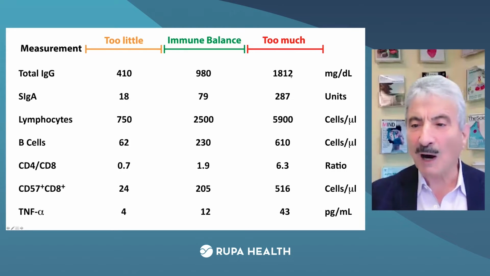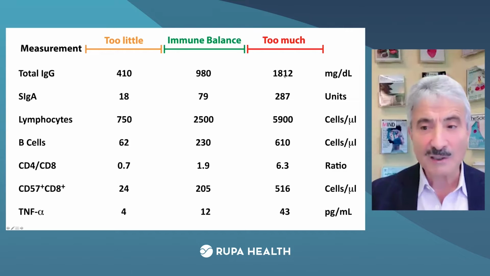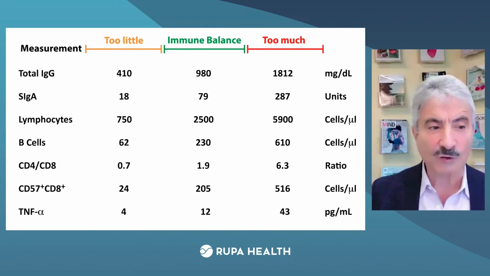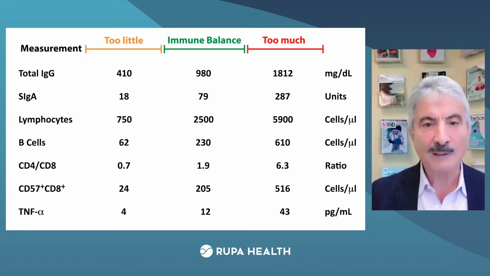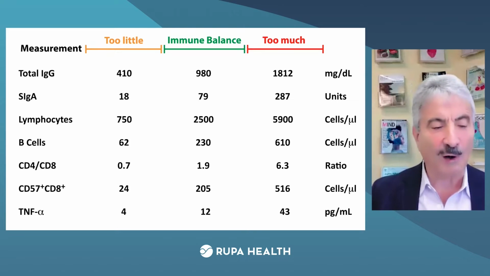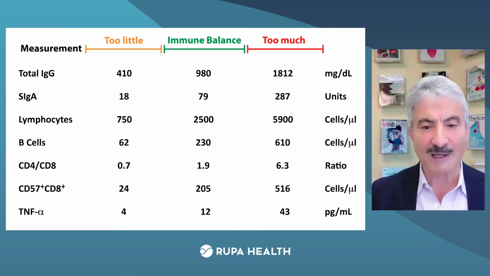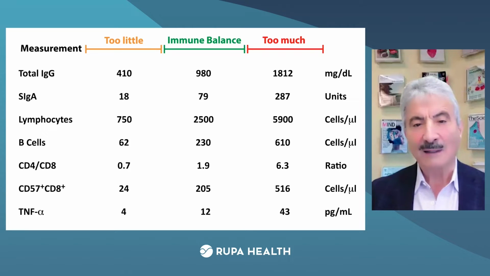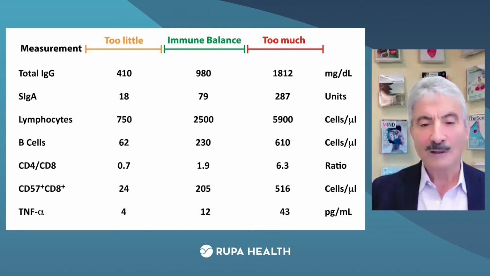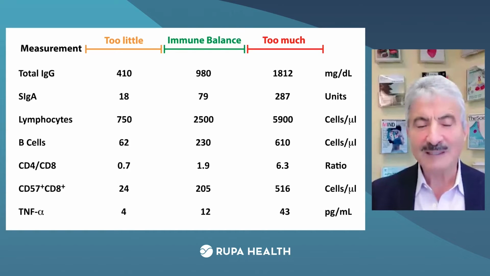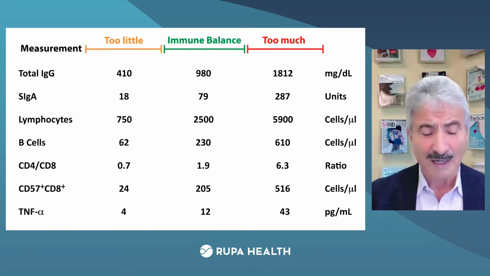And then there is the one with hyperactivation of the immune system, with higher levels of total immunoglobulins. The same thing when we look at secretory IgA, a major component of the mucosal immune system. The one with low IgG, most probably is also going to have low secretory IgA, and the one in the middle is also going to have the right range of secretory IgA, and the one with hyperactivation of the immune system, high levels of secretory IgA.